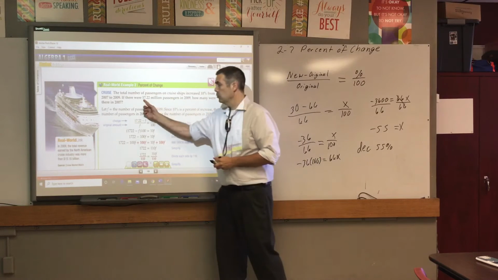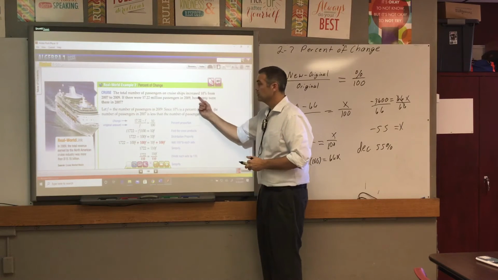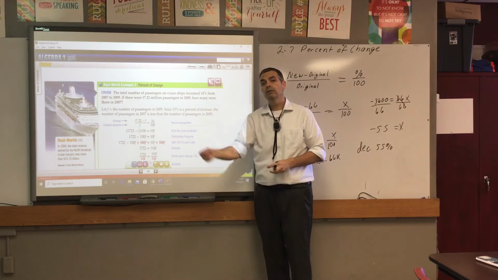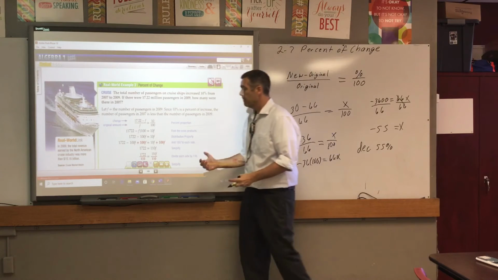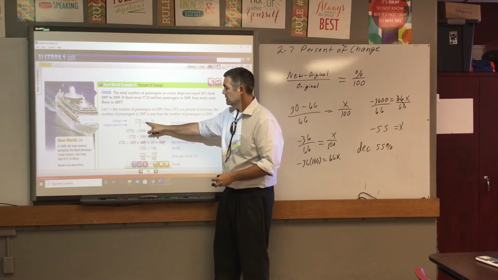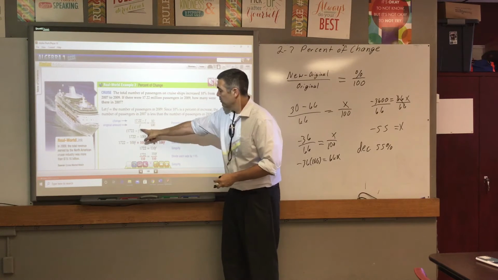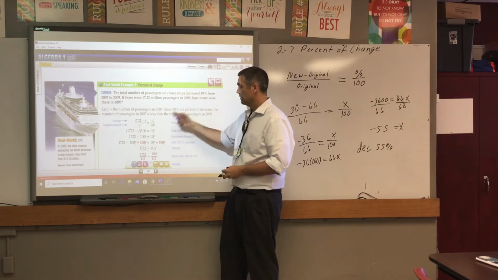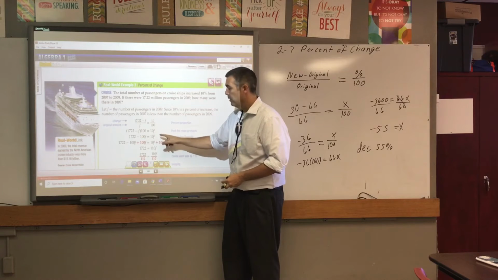So this is the new, this is the percentage, so you don't know the original. So you have to set it up. Well, 17.22 minus the original over the original equals a 10% increase, so that's a positive 10 over 100.